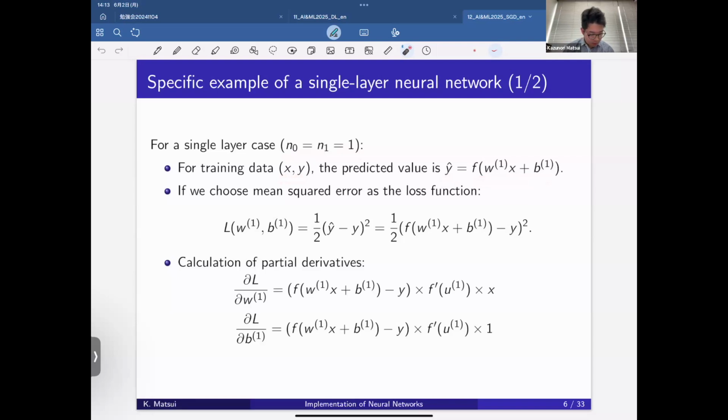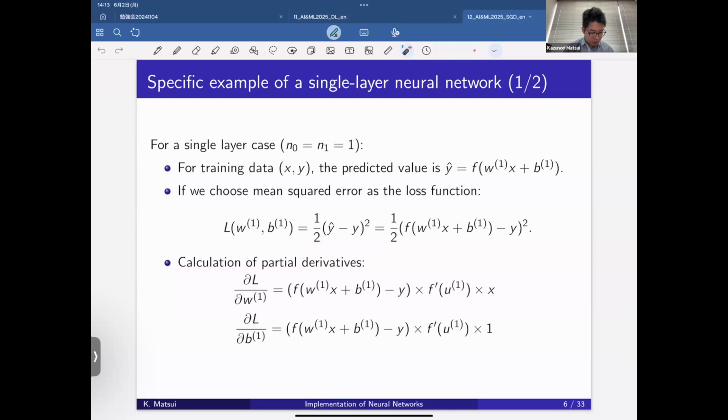For example, let's choose mean squared error as the loss function. In other words, let's make it half of the square of the difference between the predicted value and the actual value. Then L becomes 1/2 times (y hat minus y) squared.